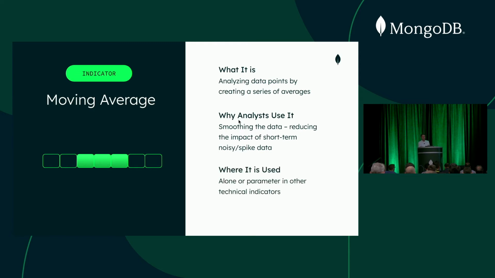It can be used alone. Some people use moving average alone, while others use moving average inside other technical indicators. For example, RSI is a technical indicator, okay? And internally, RSI is using moving average, okay? There are different versions of moving average, like simple moving average and exponential moving average.